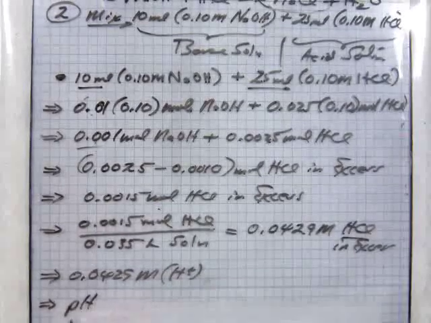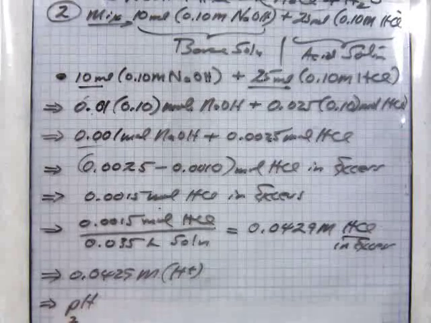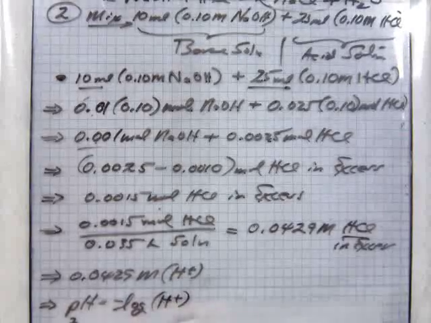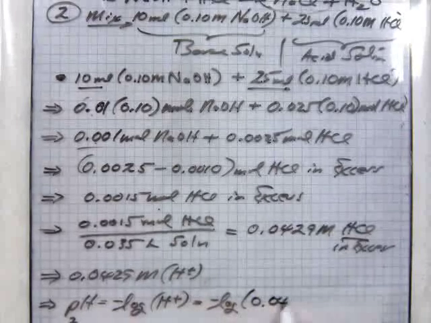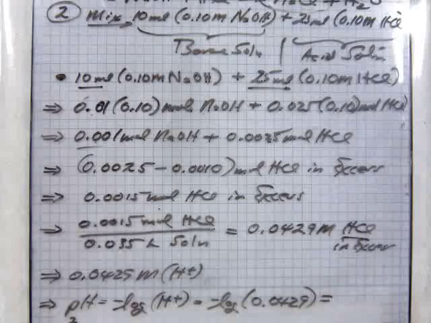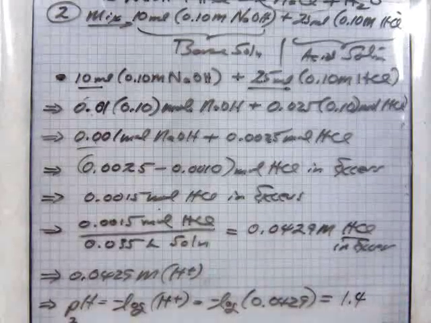We'll call it calculation pH 2. We already got pH 1, which is 1. That gives us 1.4. I'll round it up.